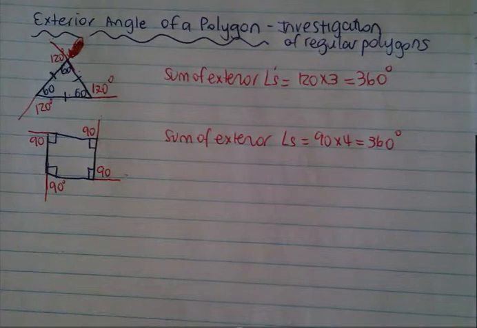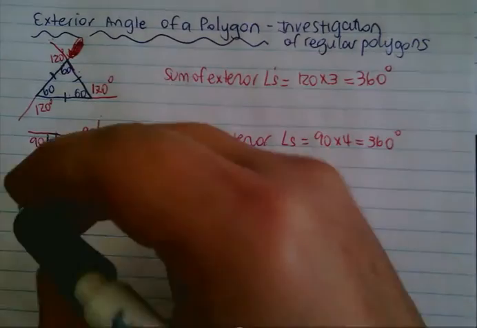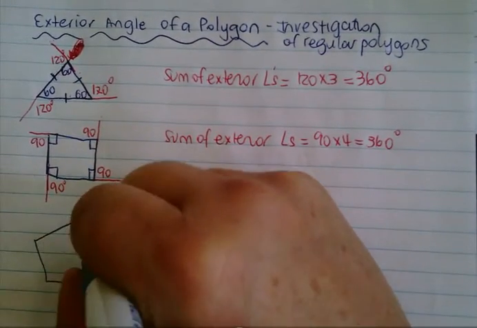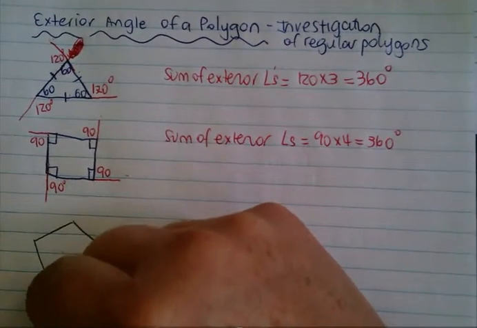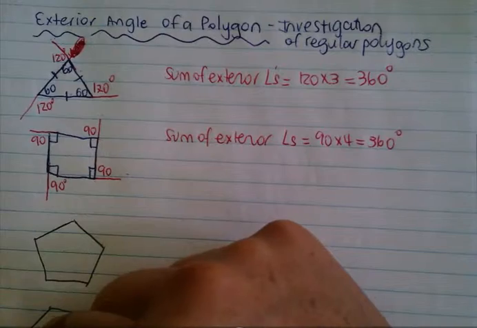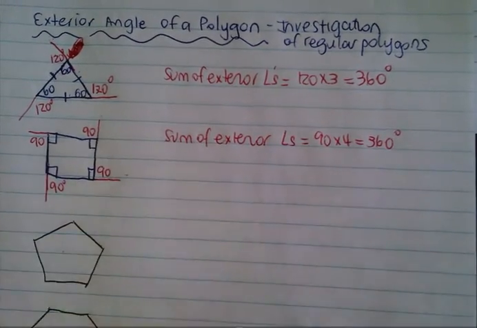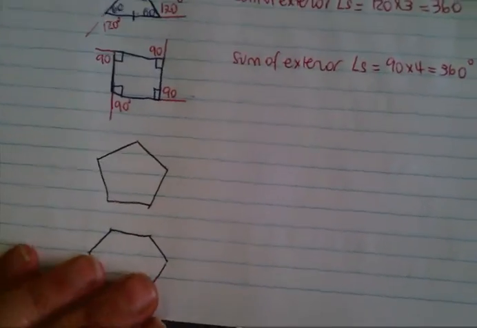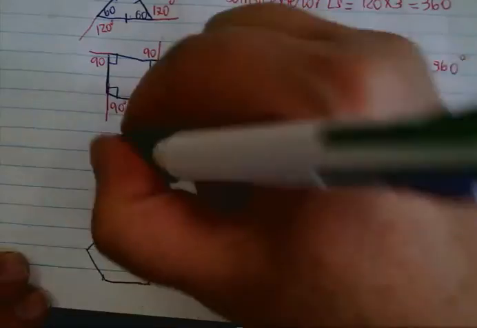Next shape is a pentagon. I'm just doing regular ones for now. I'm just going to do a pentagon and a hexagon. They're regular shapes.